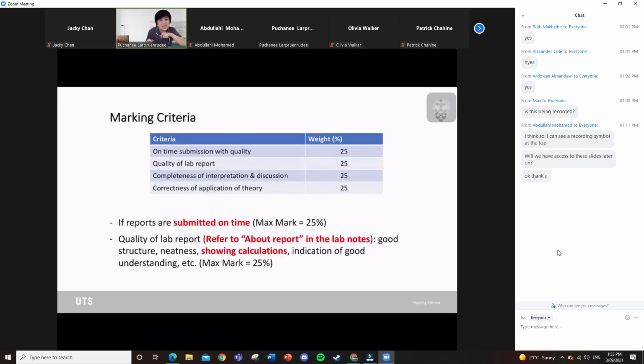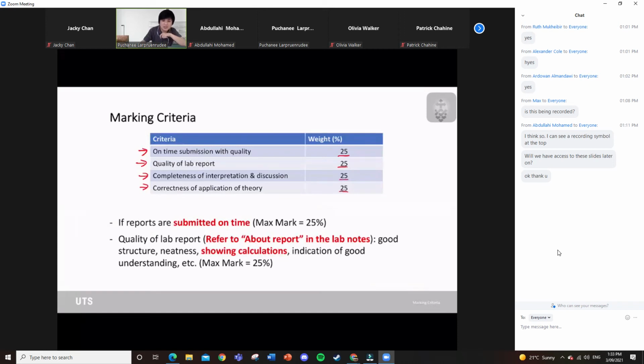For the marking criteria, we have four main parts. The first one, on-time submission, 25%. Quality of lab report, 25%, and the completeness of interpretation and discussion, 25%, and correctness of application of theory is 25%.